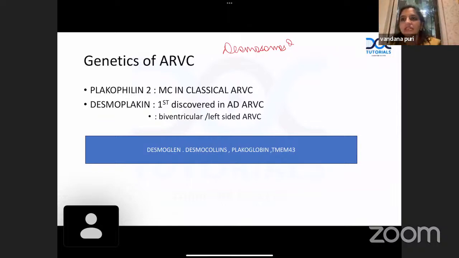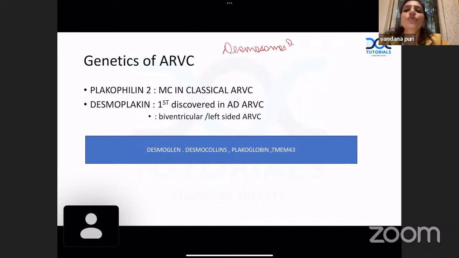One is skin and second is heart. So whenever we look at a defect in the desmosomes, this usually affects the heart and your skin. ARVC is one of the classical defects due to defect in the desmosomes, and the most common mutation here is plakophilin 2.